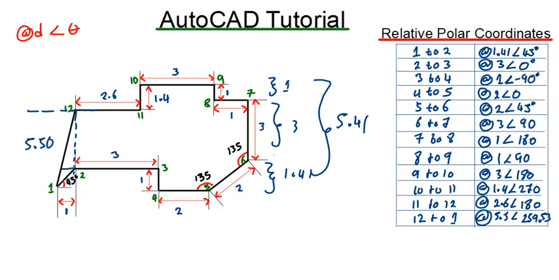Okay, then down here I have a 1. So if you say 5.41 squared, which is 5.41 times 5.41, I get 29.